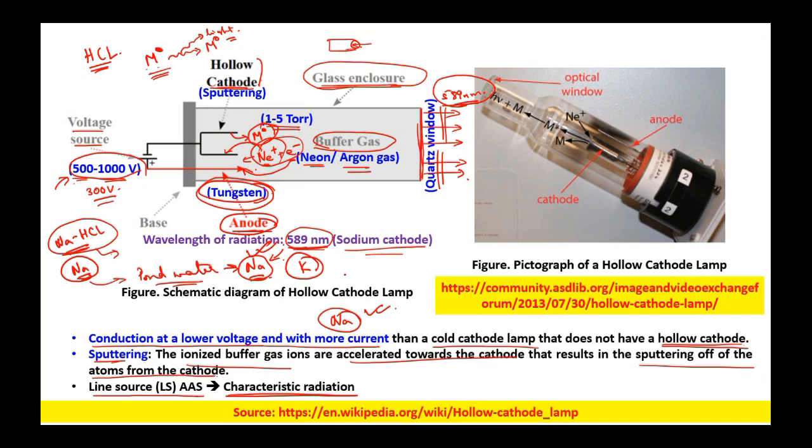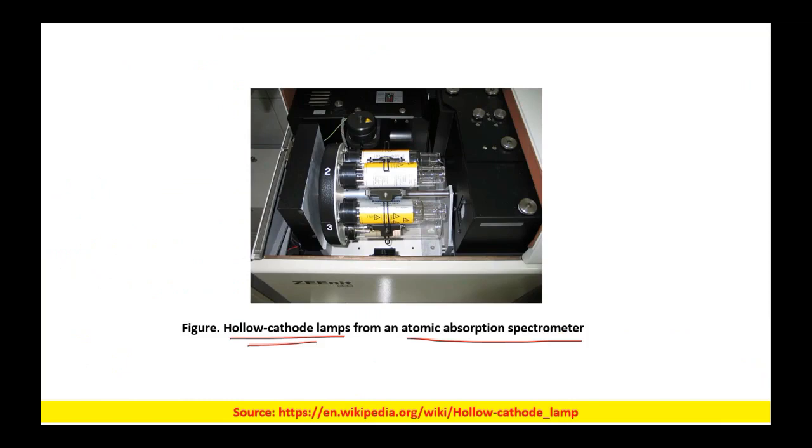If I use a potassium hollow cathode lamp, I will only be able to analyze potassium atoms, right? So because of this, we need a number of hollow cathode lamps so that we can analyze different atoms.